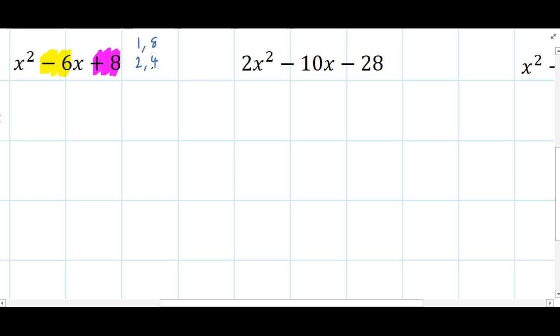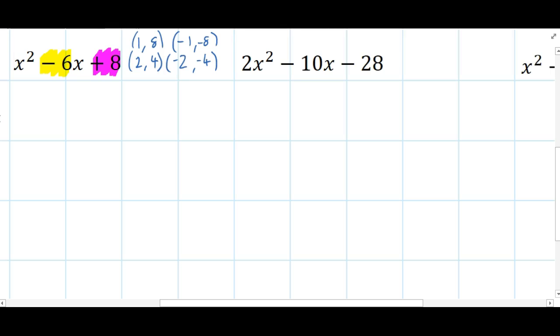There are actually more factors of positive 8: the negative versions of these, which I'll put in brackets. Because a negative times a negative is positive, negative 2 times negative 4 is also positive 8.